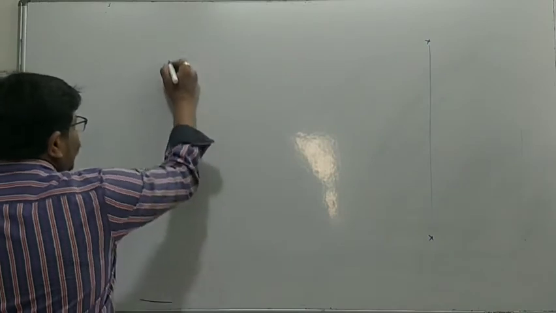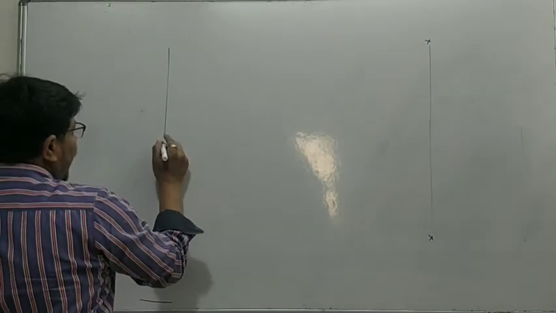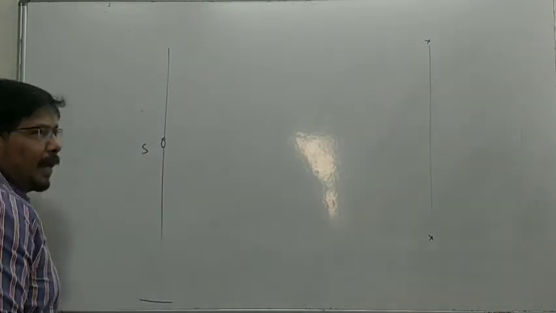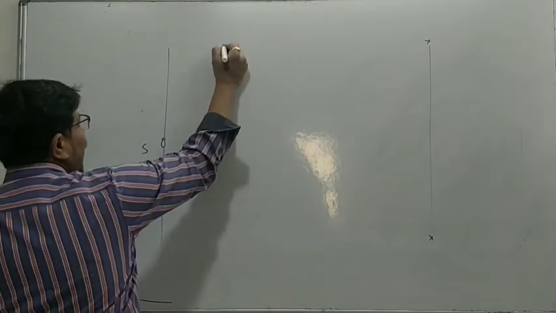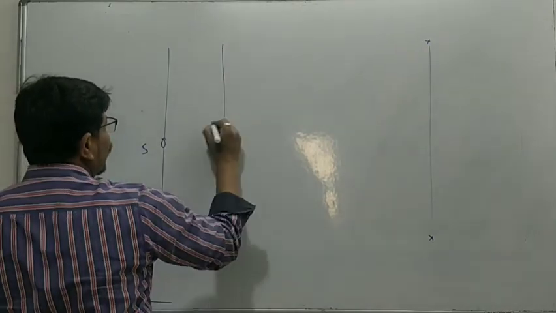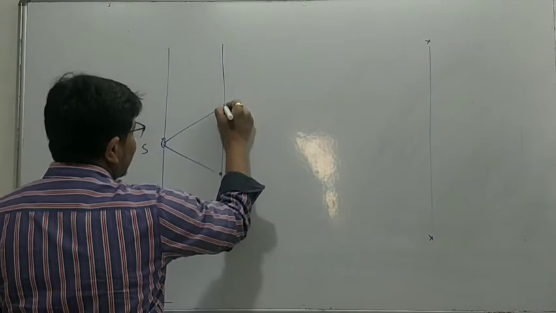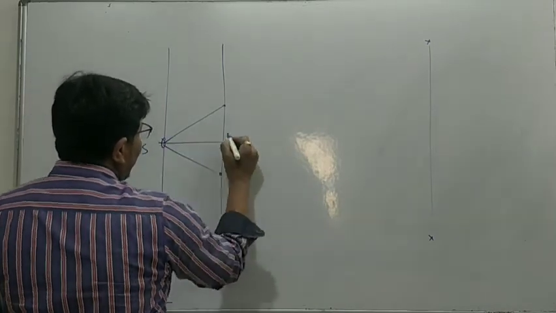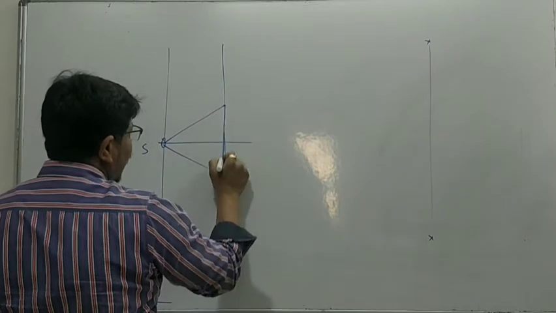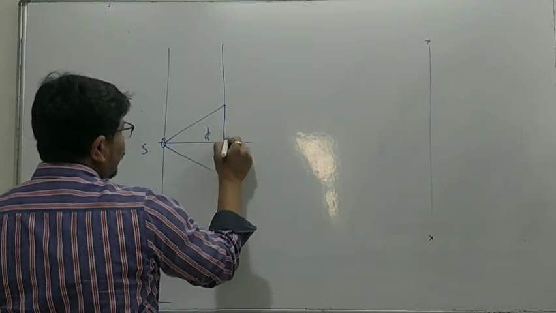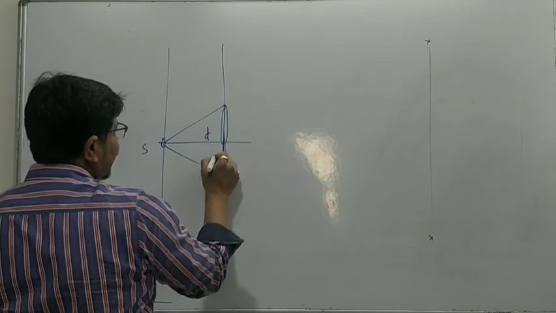He took a strong light source, which he named S, and parallel to this he made two slits at equal distance, meaning this distance is equal from the center. The total distance is D, and the half distance is D by 2.